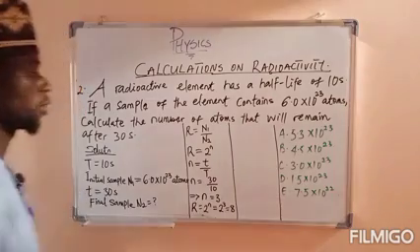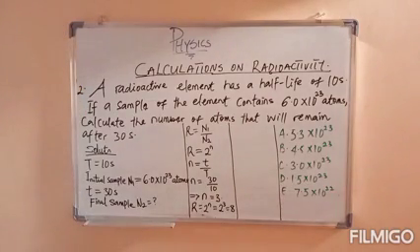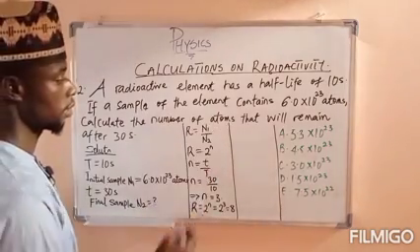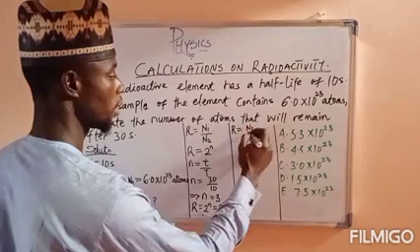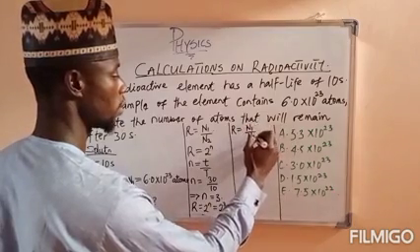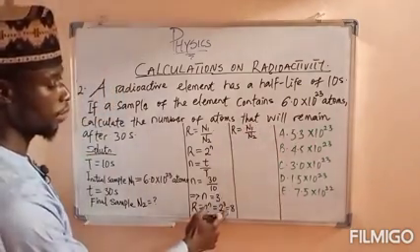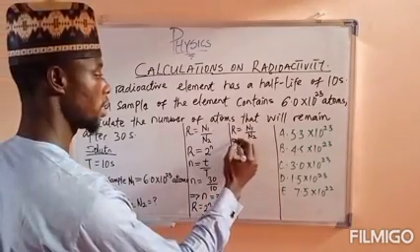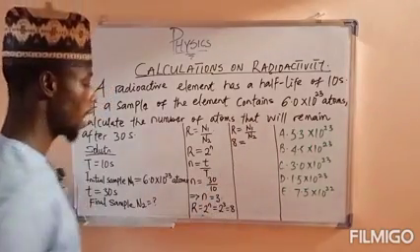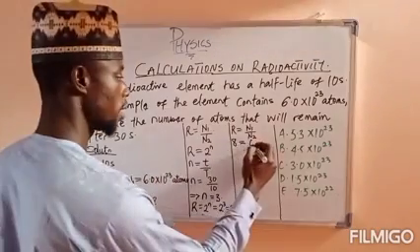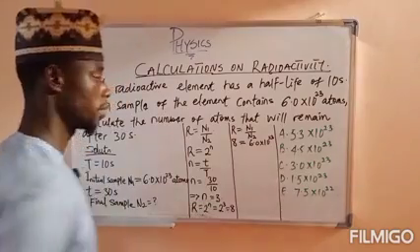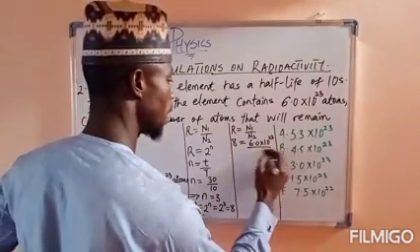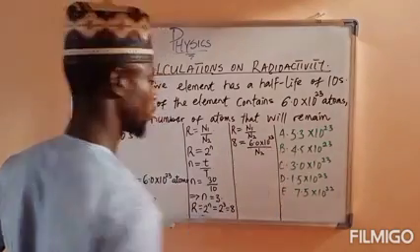I hope this place will be enough. When I'm done with that, I'll come back to this place where I have R is equal to N1 all over N2. Put the value of R, which is 8, is equal to N1, 6.0 times 10 raised to power 23, all over N2 that I'm looking for.